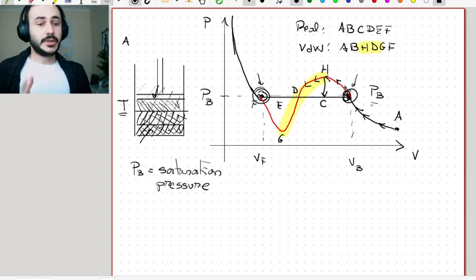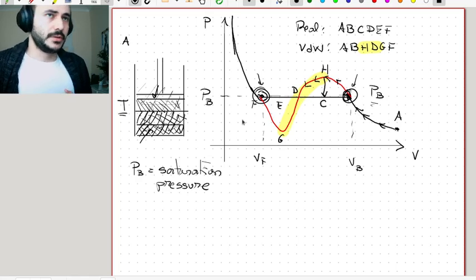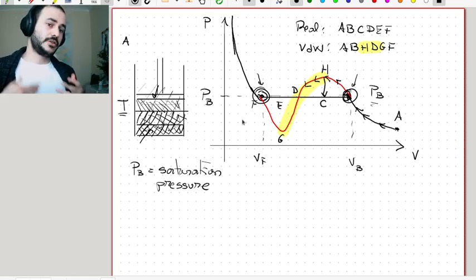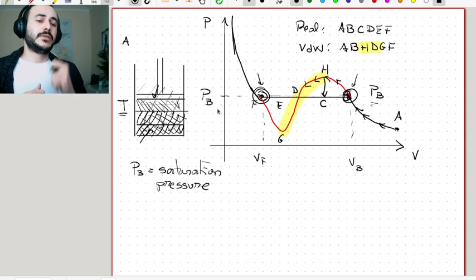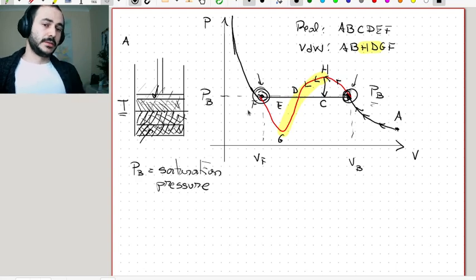So what really happens to these red states here is that they are not impossible, and it's not that they don't exist, they are just not the most stable choice for the system. And if the system has a chance to decide, it will go to the more stable split-phase situation, in which you have liquid and gas in a non-homogeneous situation. And the same thing happens with these states down here.